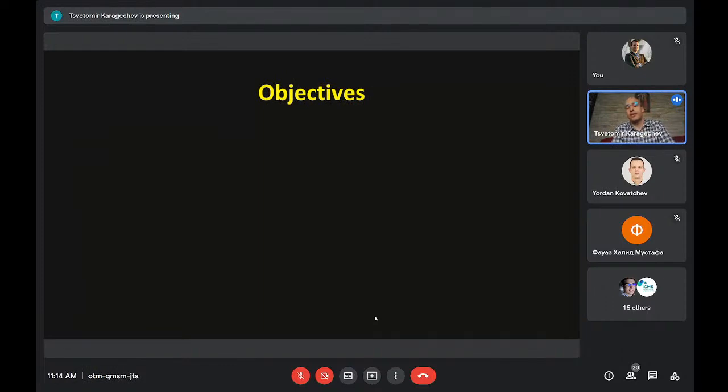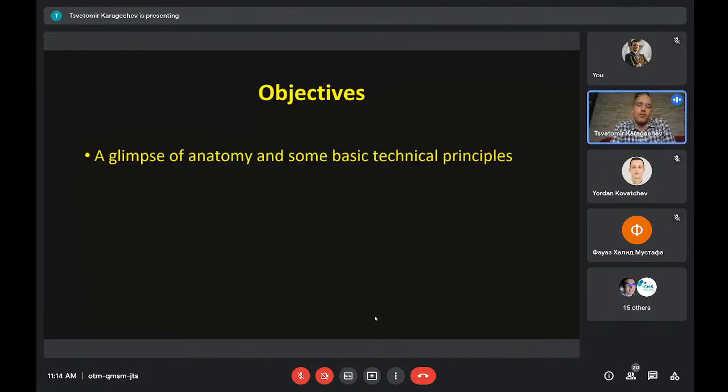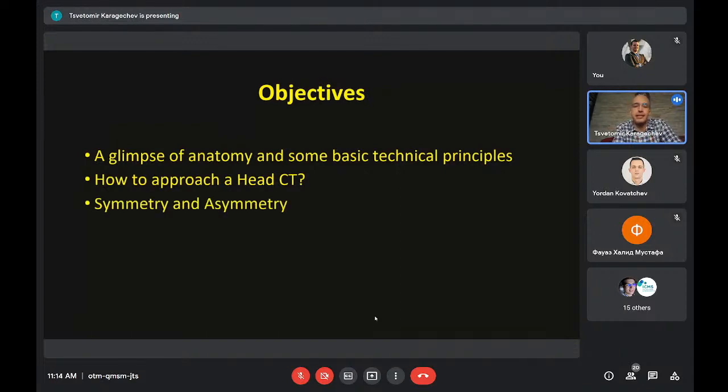So, our objectives for today's talk: we will review the cross-sectional anatomy of the brain so you can find your way around the scans. We will introduce some basic technical principles that are essential for understanding the CT modality. We will show you a basic and systematic approach to how to look at head CTs.